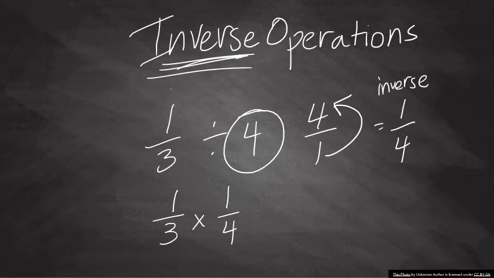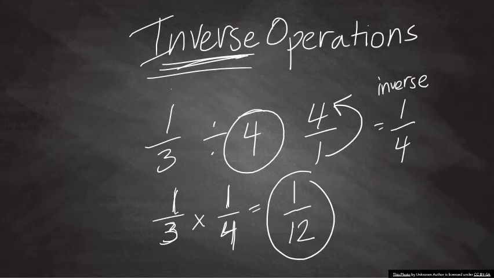So 1/3 times 1/4, and I take my numerators, 1 times 1 equals 1, and 3 times 4 equals 12, and the product here is actually my quotient, because to divide, we take the inverse and multiply, and this is the answer for 1/3 divided by 4.